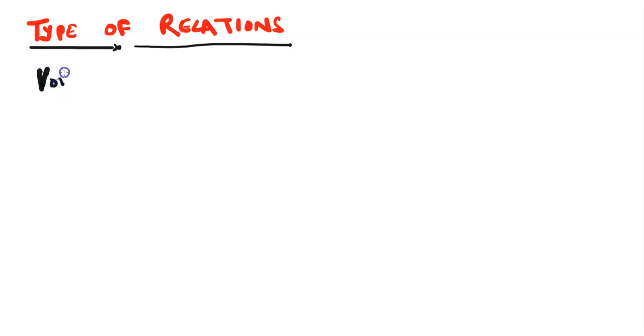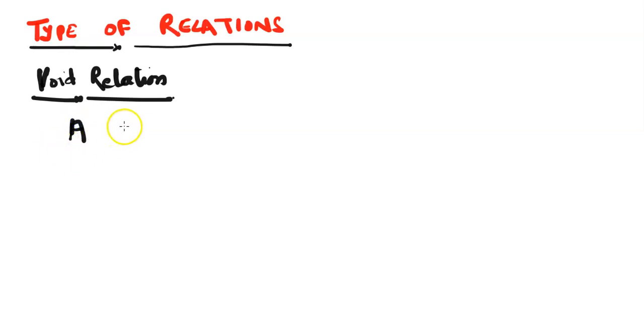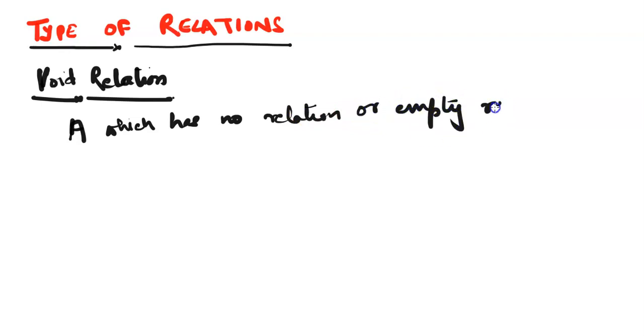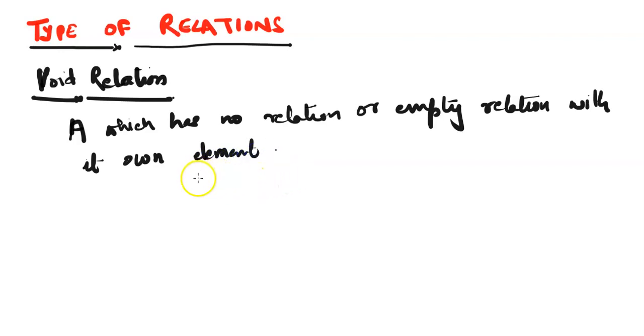So let's talk about the void relation. Basically, if you have a set A which has no relation, or an empty relation, with its own elements, this is called a void relation.